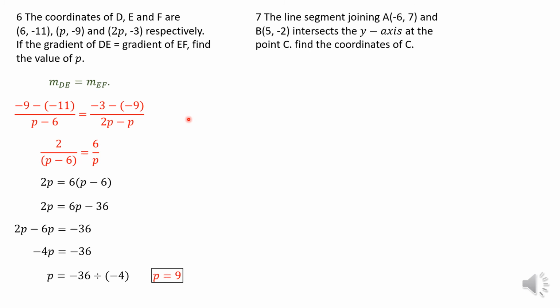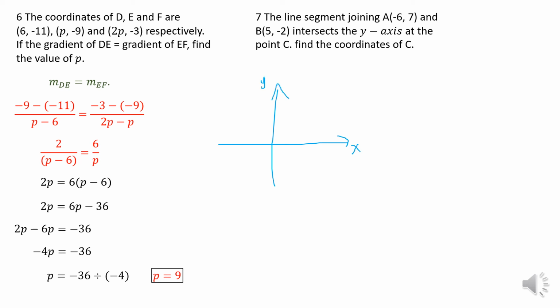So my last question here, you have got a line segment joining A, B, they intersect at the y-axis. Whenever that is the case, you must remember, whatever line you have, and this is your axis, for example, so that's the x-axis, and that is the y-axis.